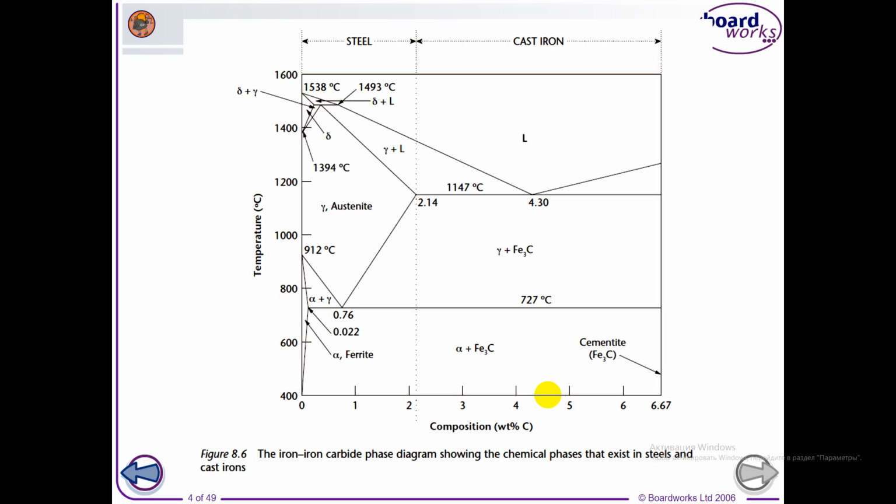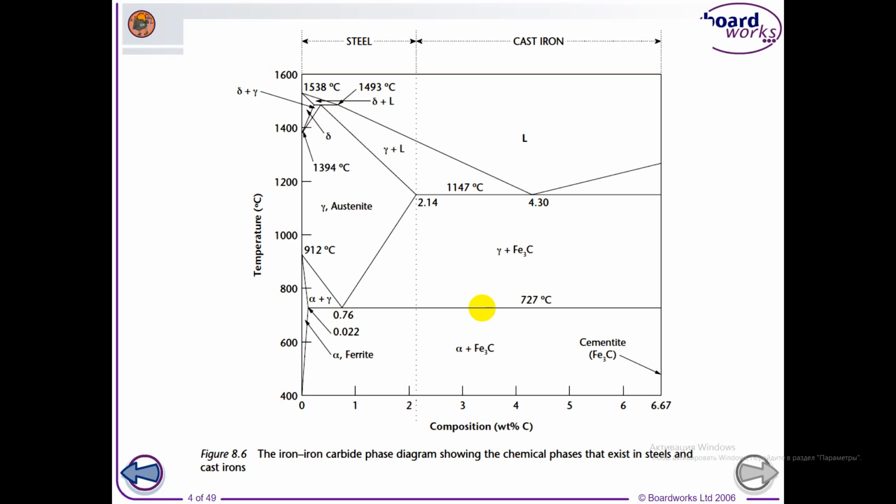Iron plus carbon up to a few percent. And thus it's imperative that we are able to differentiate and distinguish between the two.